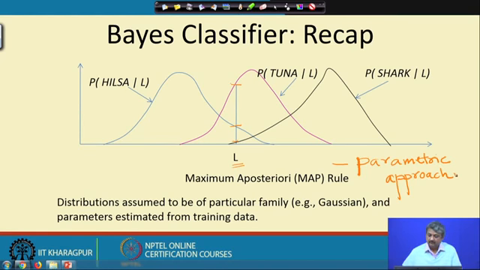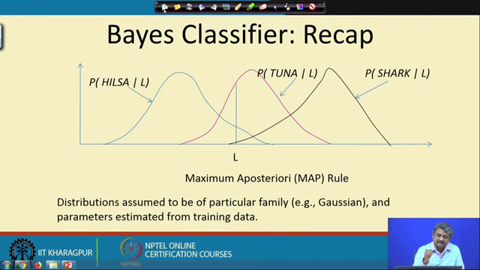So, there is an alternate approach, known as the non-parametric approach, where, as we will soon see, we need not make any such assumptions. We need not estimate parameters under an assumption, and we use only the data, nothing but the data, to come up with the classification.